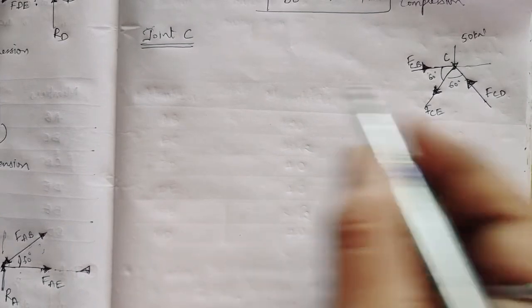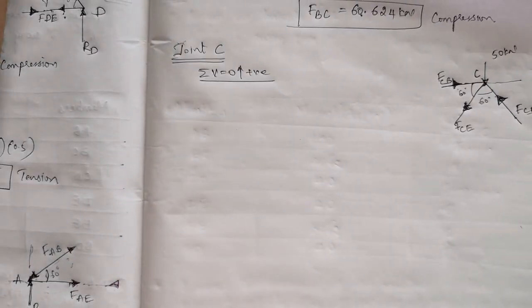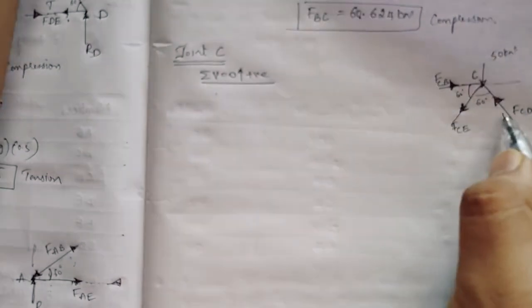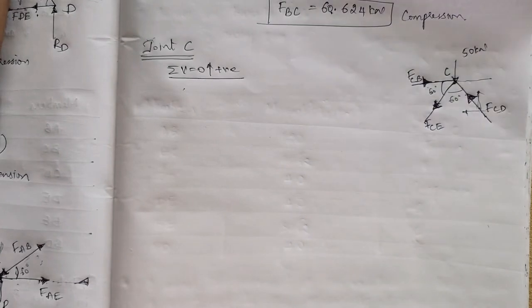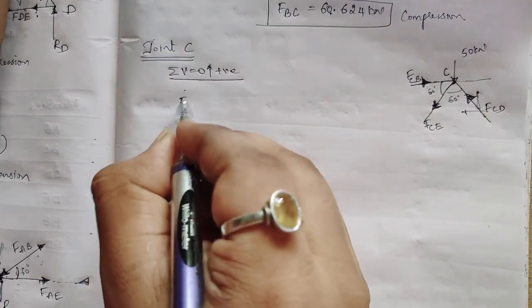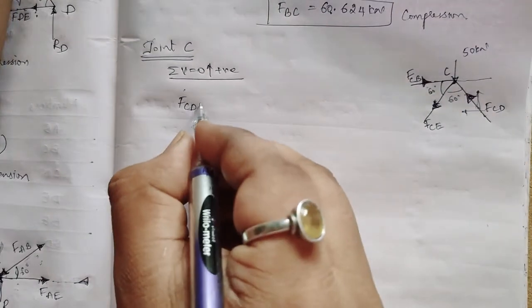I assume this, so I'll take summation of vertical forces equal to 0, taking upward as positive. Now what are the forces? FCD is an inclined force, so I'll resolve this: FCD sine 60 degree.